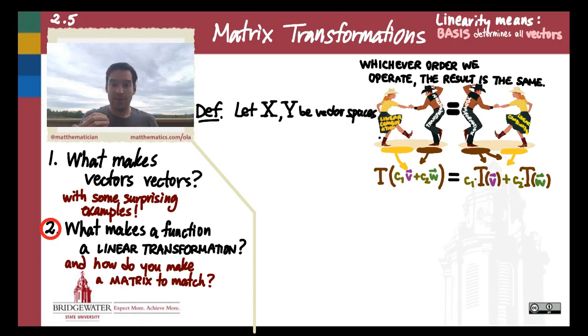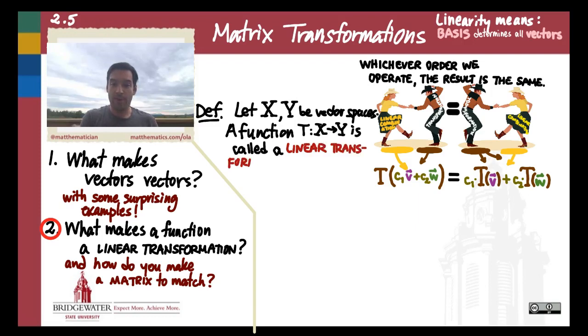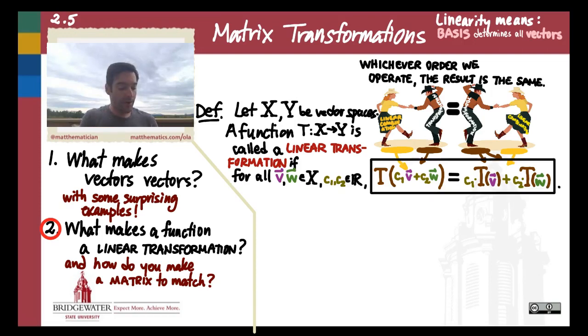So mathematically, just to make this precise, if we have two vector spaces X and Y, and a function for which X is the domain and Y is the codomain, we're going to call that function a linear transformation only when for all vectors v and w that I choose from the domain, and all scalars c1 and c2 that I choose from among the real numbers, that this identity will hold.